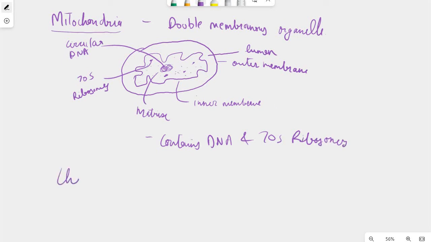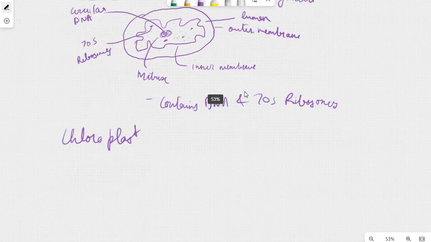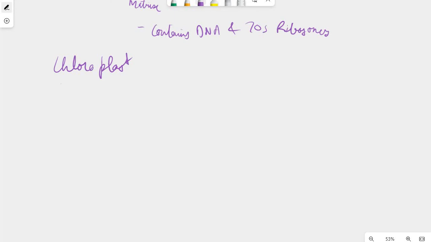Now let's come to chloroplast. It's also a double membranous organelle. Let's draw its structure.